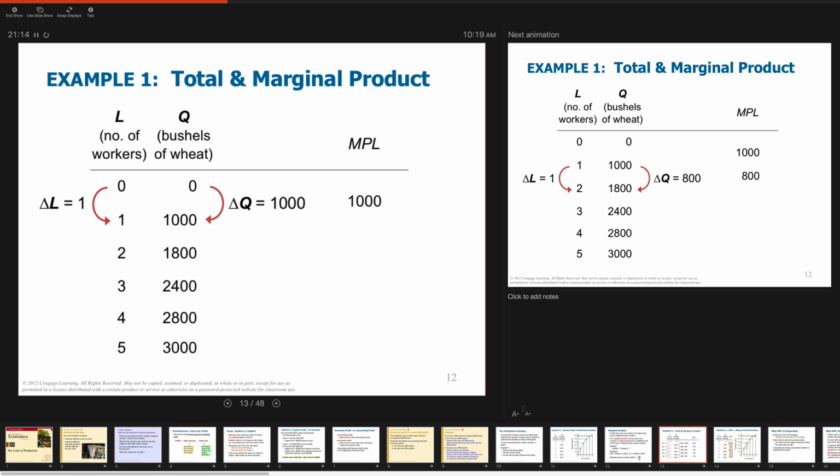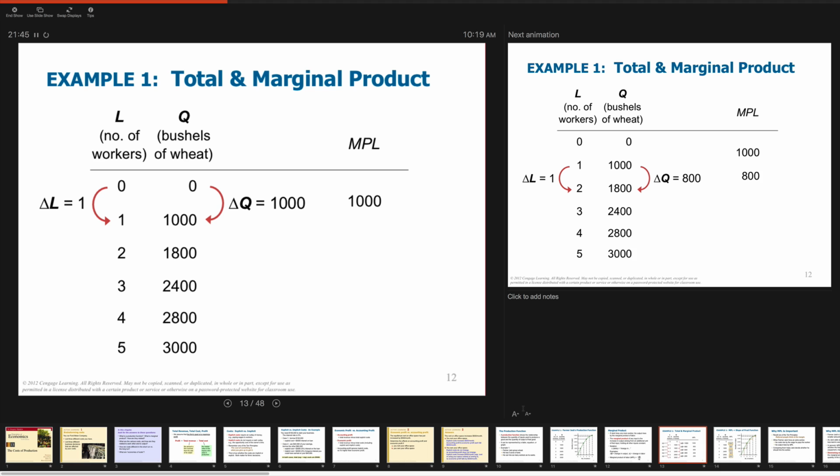The change in labor, and guys, you write these in between the lines. If you were making this table and you were a very linear person, I would skip a line on your paper, so you have an empty line in between. If you can handle it, you can write on every line, and then this one goes on the line in between. Make it work for you. So the change from 0 to 1, the change in labor is 1, and the change in bushels of wheat is 1,000.